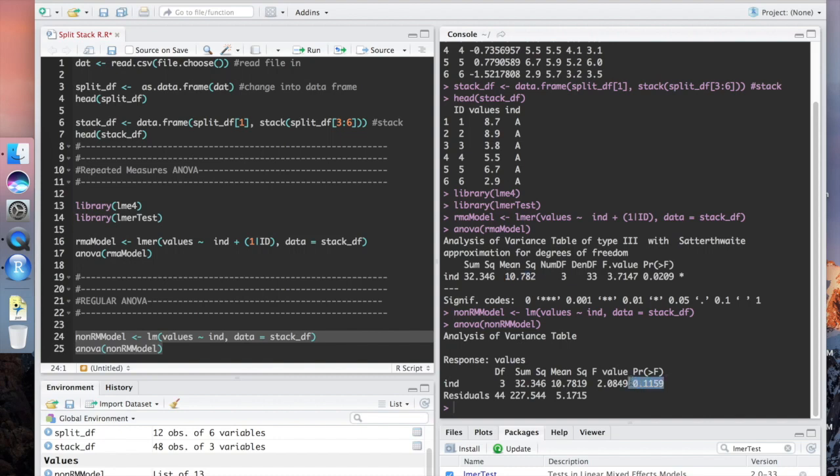The reason that these are different, remember, an F value is the ratio of the amount of variance that your model accounts for over the amount of variance that, quote, error accounts for. And the reason why it's significant here in our repeated measures model versus our non-repeated measures model is because essentially in the repeated measures model, you're taking out that amount of variance that's due to your best friend hating ice cream and someone else loving ice cream.